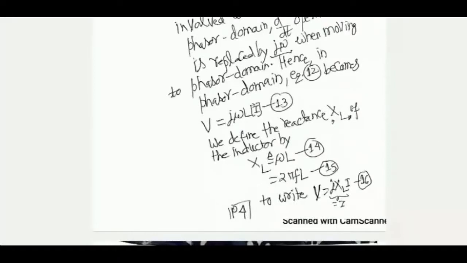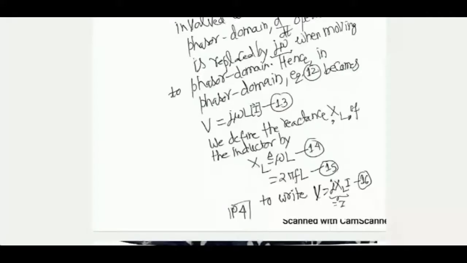Again, we define the reactance of the inductor XL. And using that definition, we write V equal to jXL into I. jXL is defined as the impedance of the inductor. The unit for impedance is ohm. The unit for XL is also ohm.